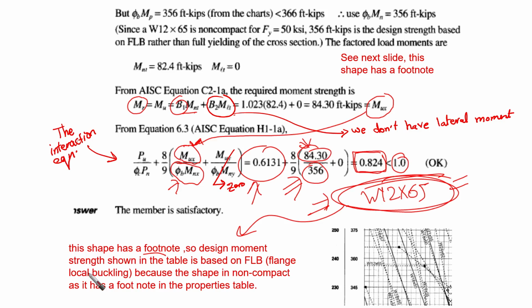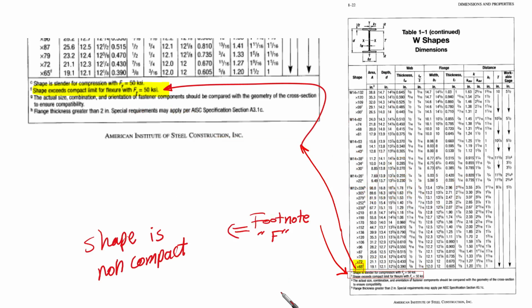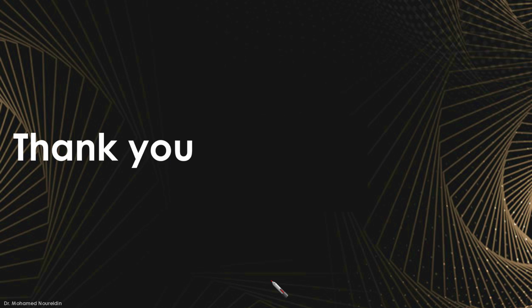So the design moment strength shown in the table, which is this table, this is the trick of this example. The horizontal line here for this cross section is going to be flange local buckling, because the shape is non-compact. From where I got that it is non-compact? From the dimensions and properties table. It has a footnote. It says that it is non-compact. Okay, and you can find it here.